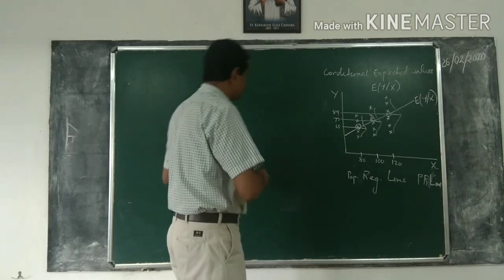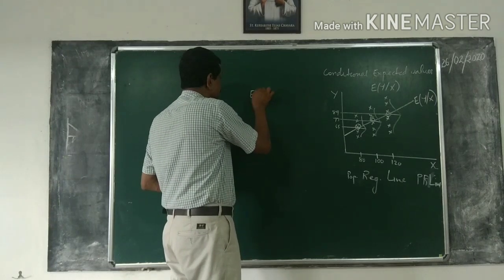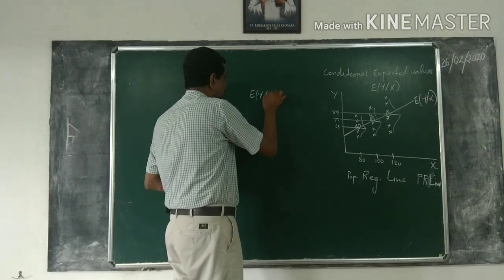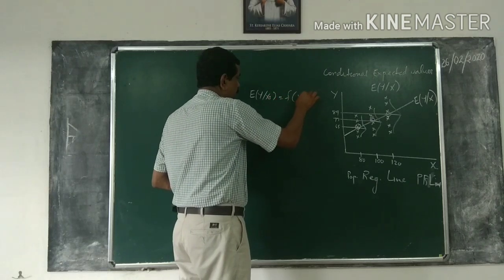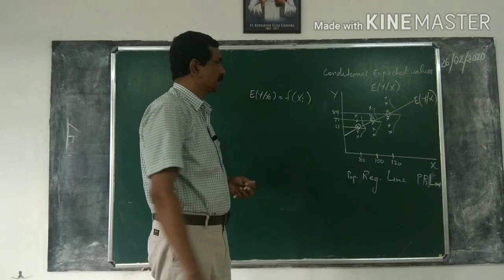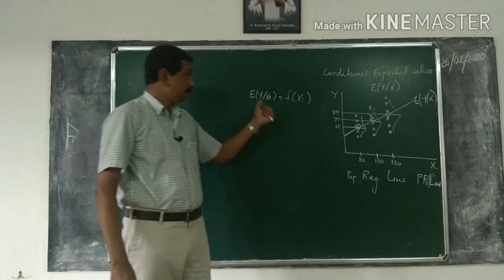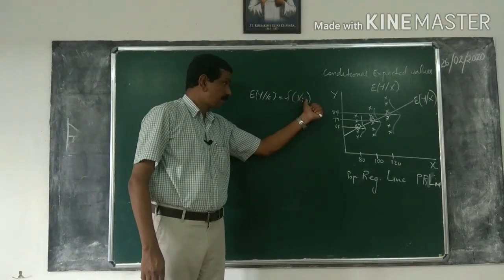Now it is clear from this graph that expected y given x is a function of x. Expected y given xi is a function of xi.